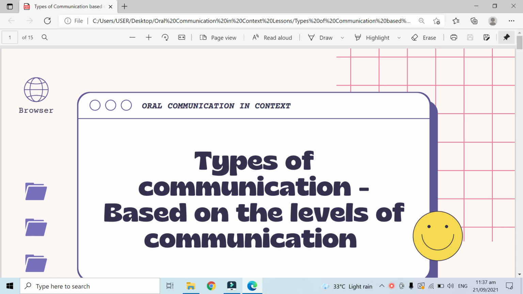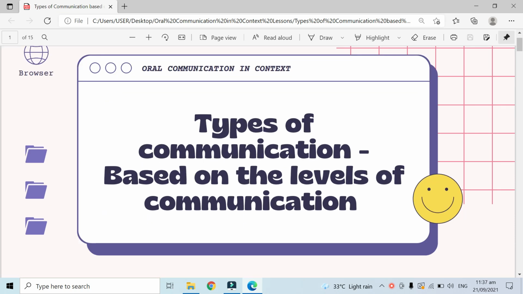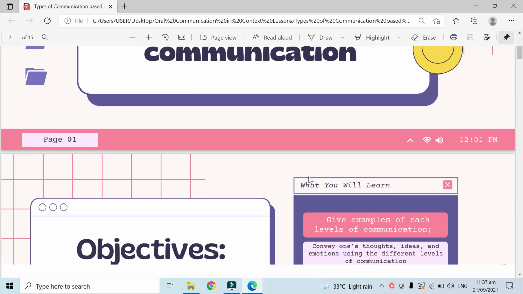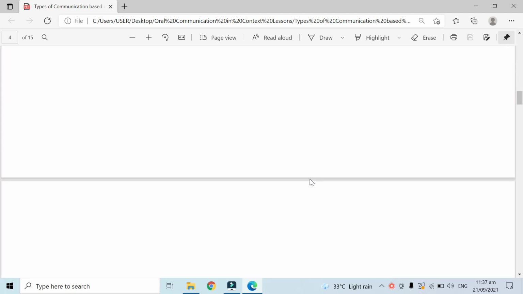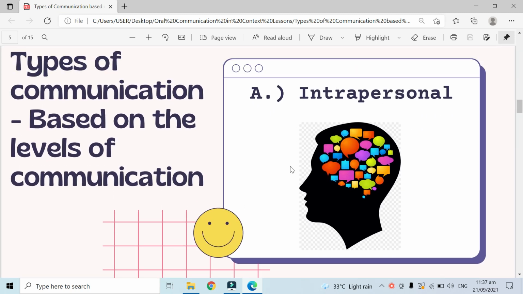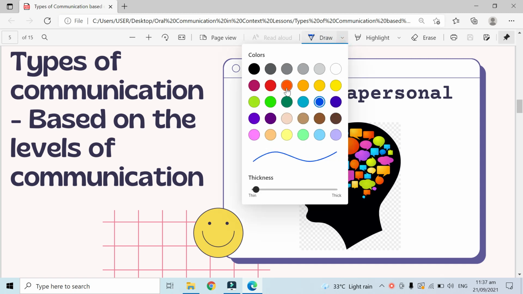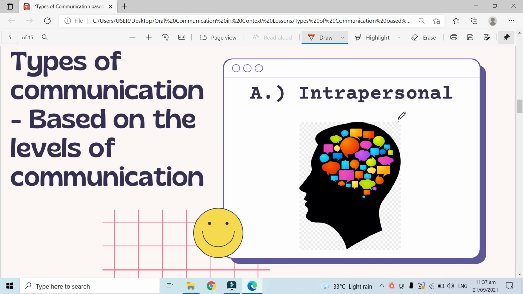Okay, so for oral communication and context, module number 2 is about the types of communication based on the levels of communication. Under module number 2, we have letter A, intrapersonal communication. This type of communication is about communication of a person to oneself, to his own self.